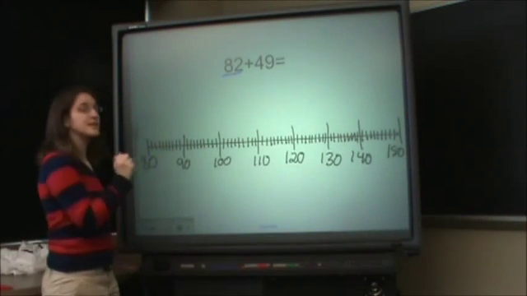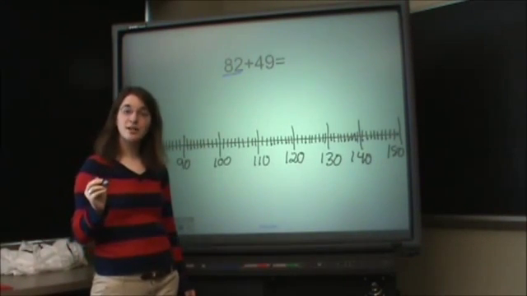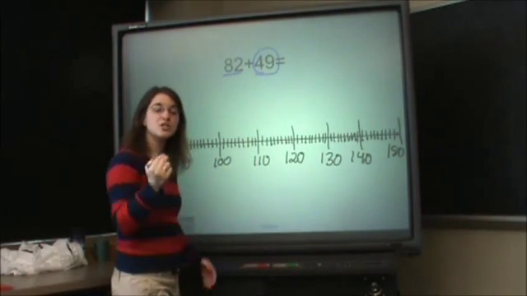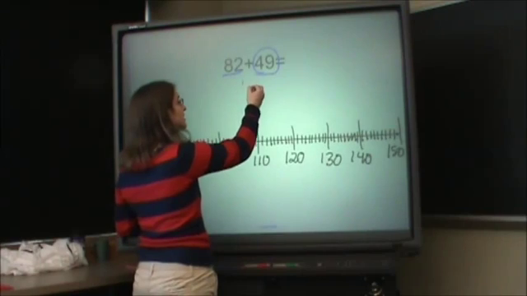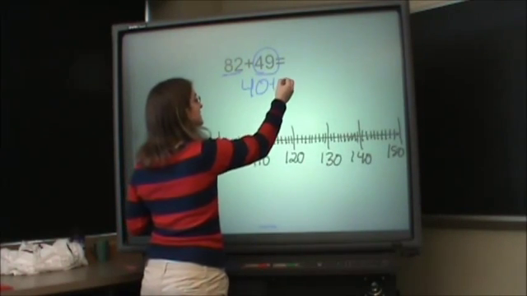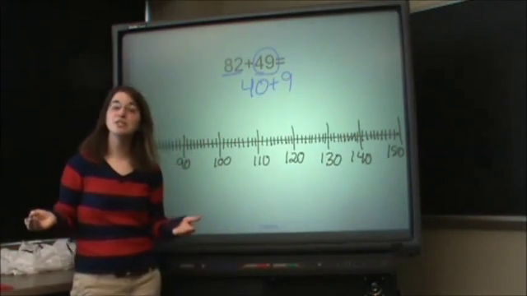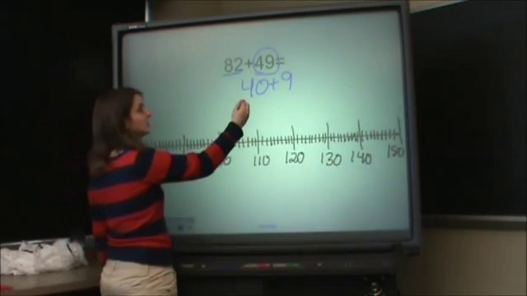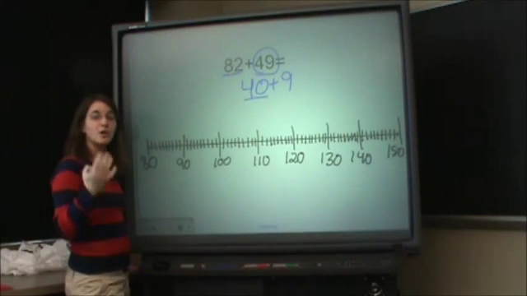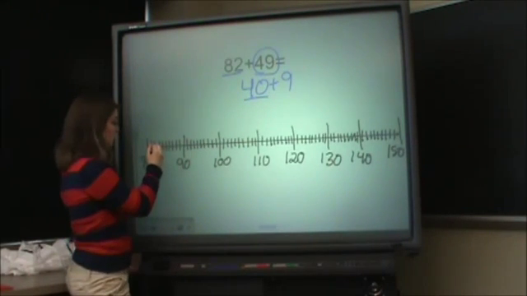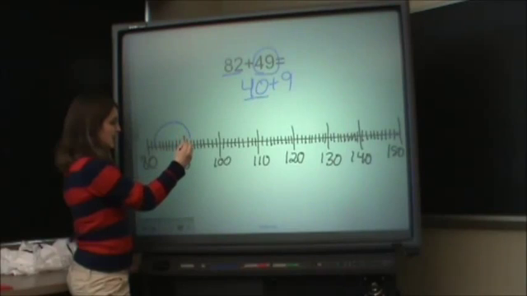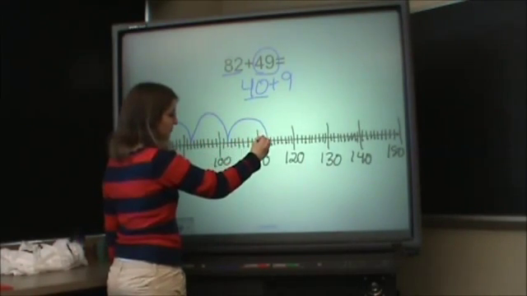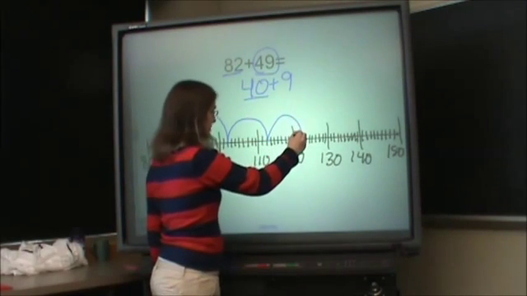That's right here. Now, just like in the partial sum strategy, we're going to split apart our 49 into the 2 place values. So 40 plus 9. This is going to help us to jump forward or hop forward. I know I need to hop forward 4 tens or 40. So I can go 82 to 92, to 102, to 112, to 122.